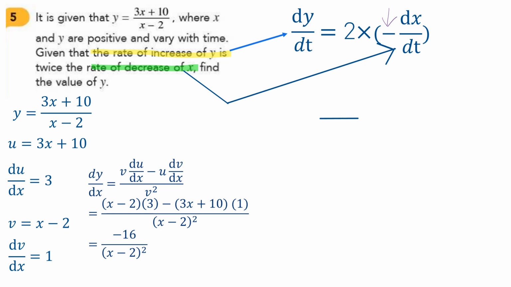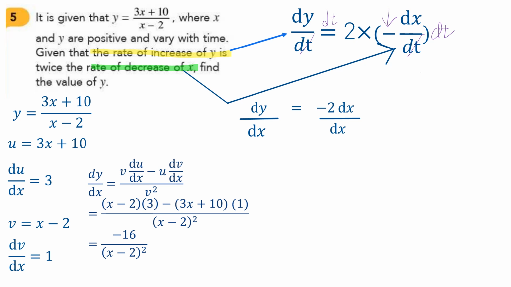The next thing you can do is multiply by dt on both sides, because you see that this and this can go off. That is the beauty of the equation. You just make sure you do it on both sides, the left and the right.